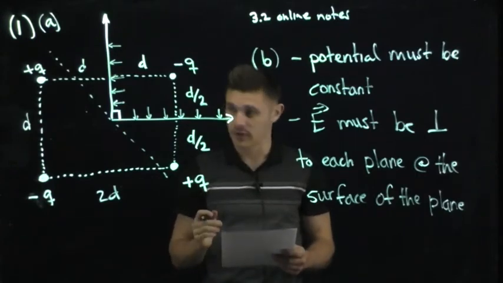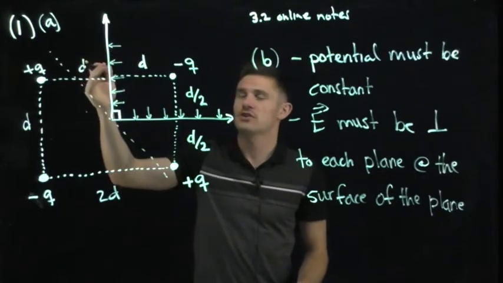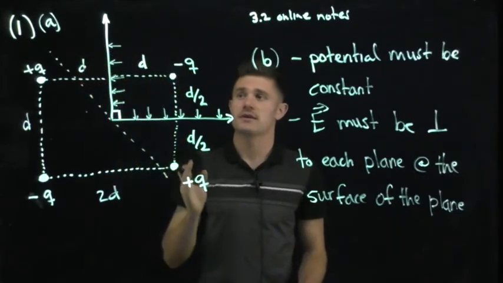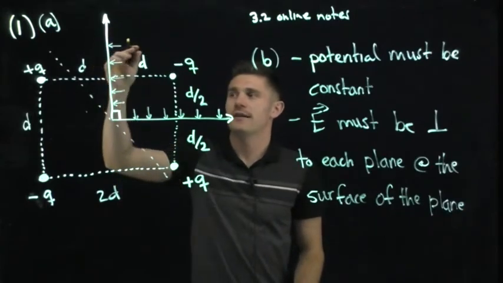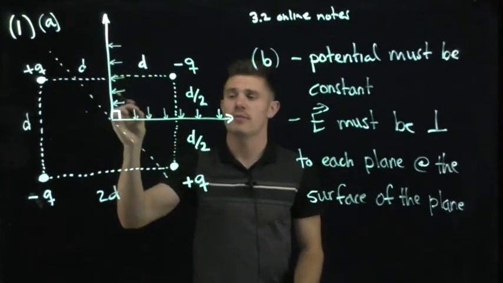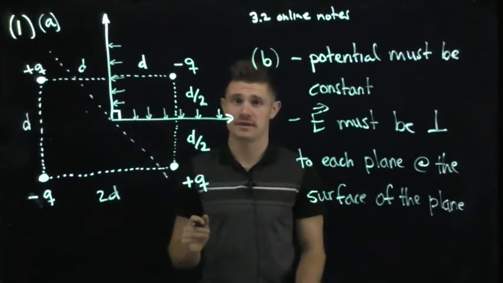And that's what my notes say here. So I think here I've drawn the arrows in the wrong direction, because of course the negative charge will see the electric field moving towards it. But this is just to signify the fact that it's perpendicular to that plane, and there are no parallel electric field components along the surface of this conducting plane.